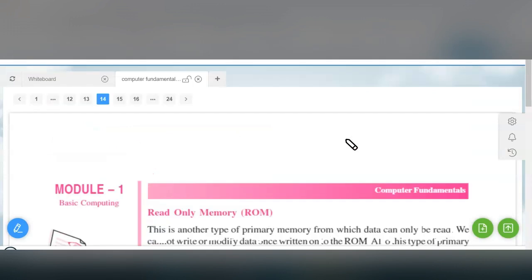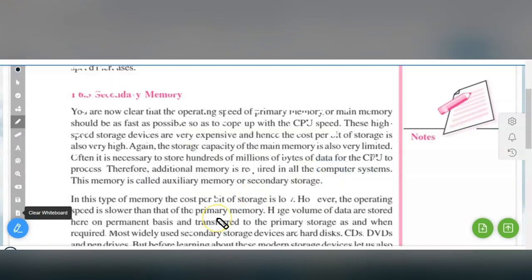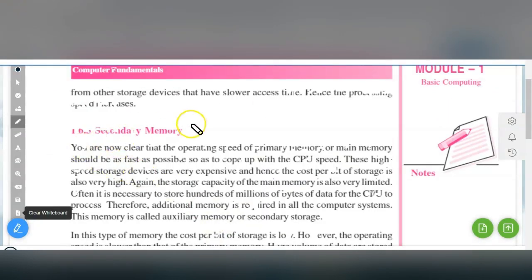Next topic is secondary memory. So what is the use of secondary memory? We already saw two things: primary memory and cache memory. They have their limitations.